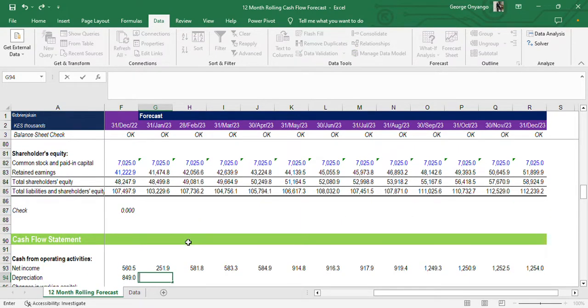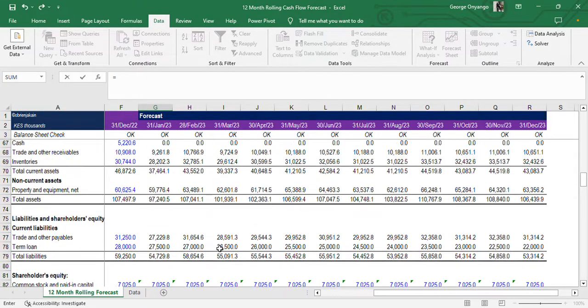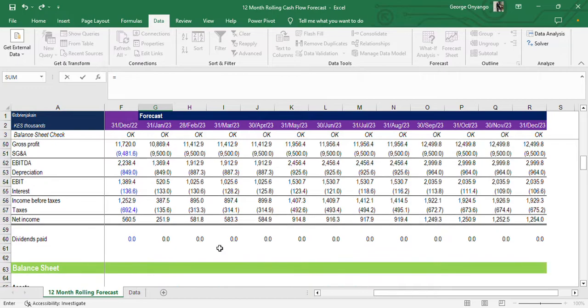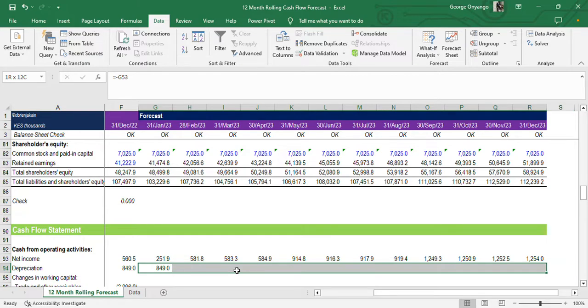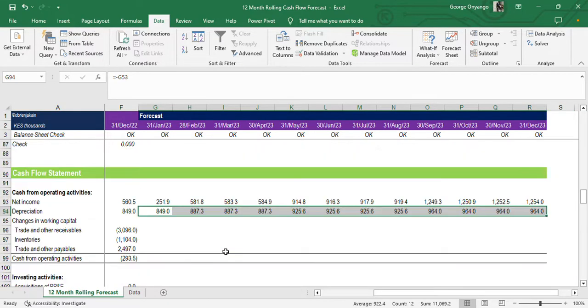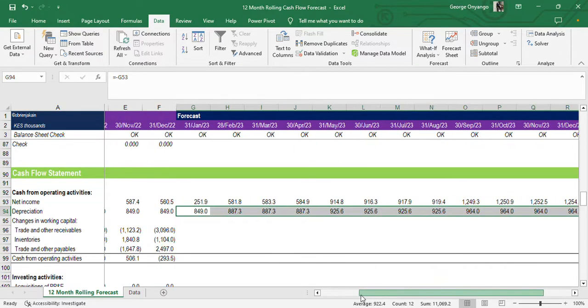The depreciation values should be this. Where do we have? Yes, that. We fill that right and we're able to get that. Those are the values for the depreciation.